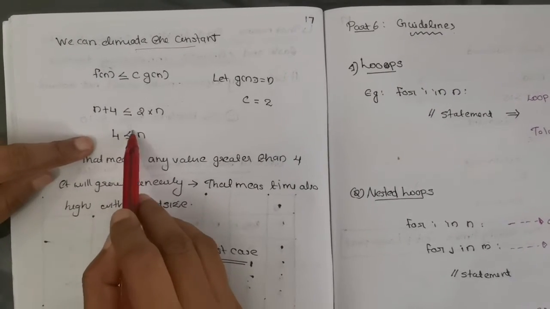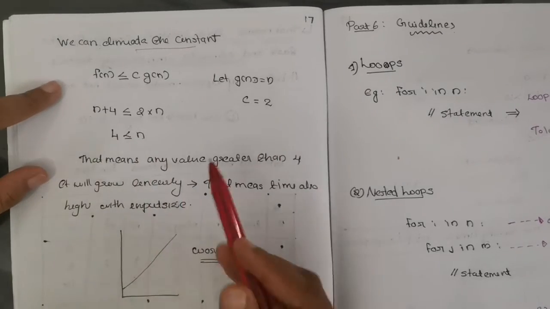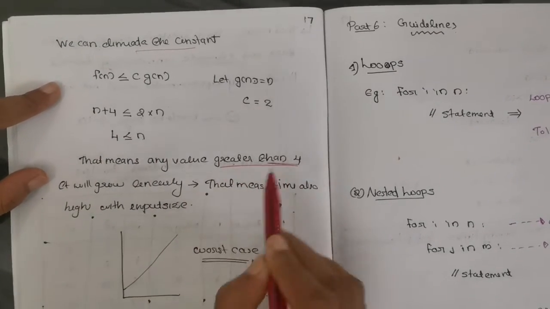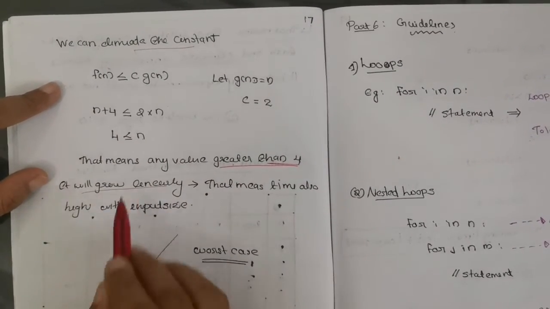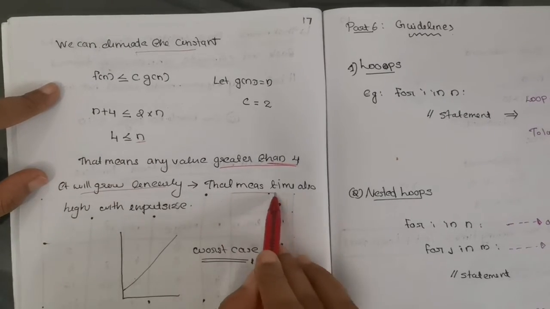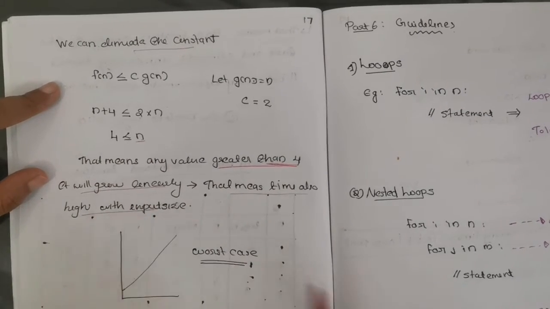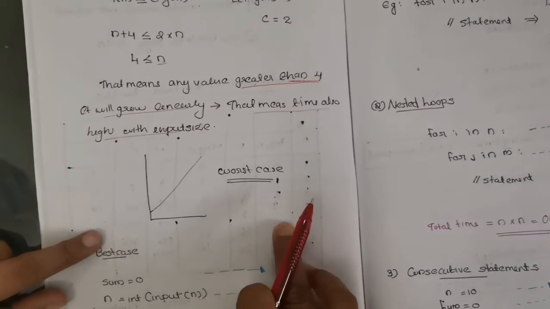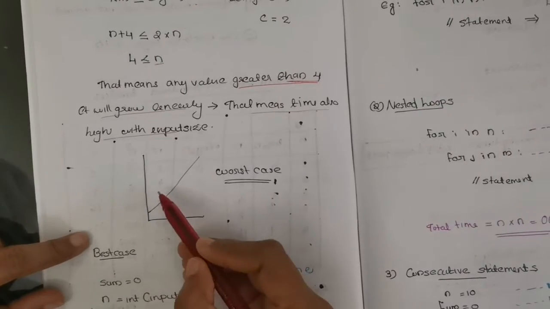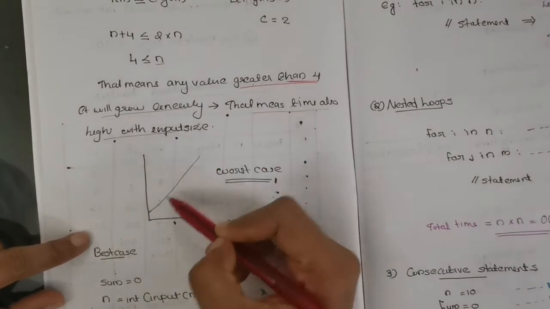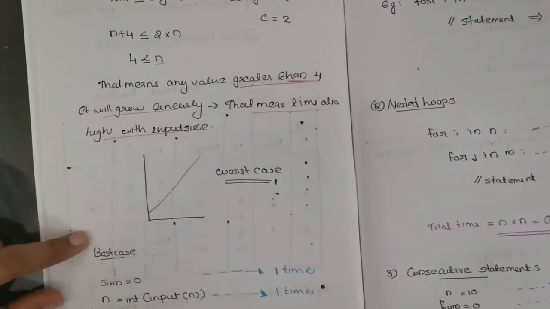That means any value greater than 4, it will grow linearly. That means n, it will grow linearly. That means the time is also high with the input size. This is the worst case. So depending upon the input, it is growing linearly. So this is the worst case.